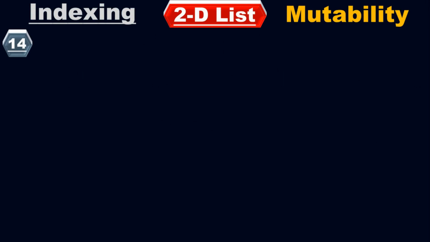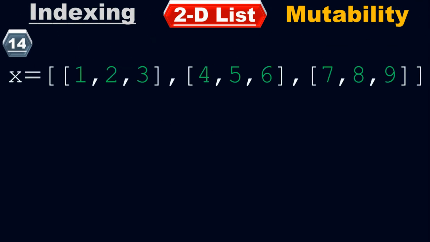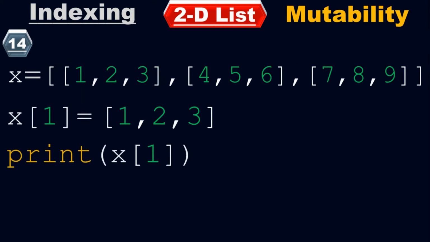Example number 14. Let me take again the same two-dimensional list, but this time I will take x of 1 equals to 1, 2, 3. Take the print of x of 1, you will get 1, 2, 3 in the output. Look at here, at index 1, I have this item from here up to here.